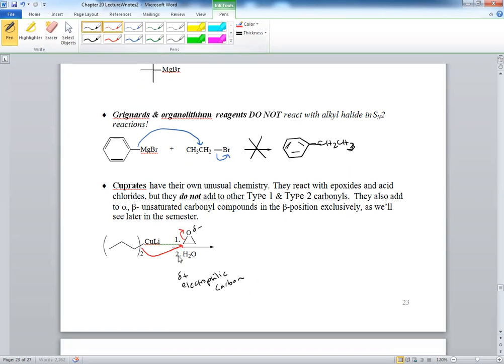And what do you think water is going to do? It's going to protonate this oxygen. So the end result would be something like this. We'll just show the intermediate here. If you're having a hard time understanding how we added this, just pay attention to this. You have 1, 2, 3 carbons. Let's say this is 4 and that's 5. So it's 1, 2, 3, 4, and 5.